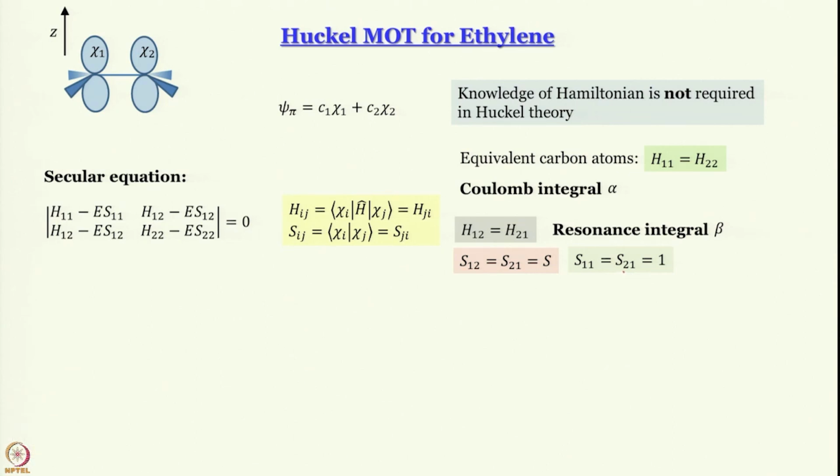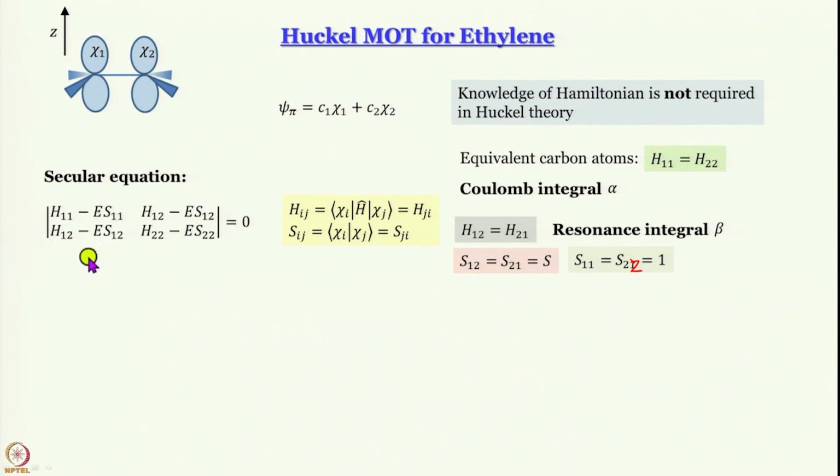Peril of copy paste as usual. So, this is S22. S11 and S22 they are equal to 1, is it not, because the pz orbitals are normalized after all. So, what will I get instead of the first one? H11 is equal to alpha minus E into 1.